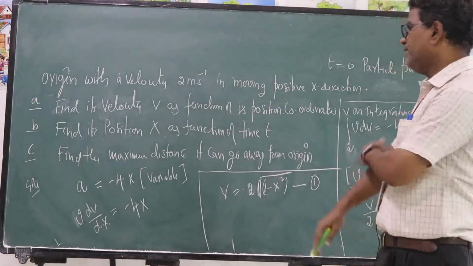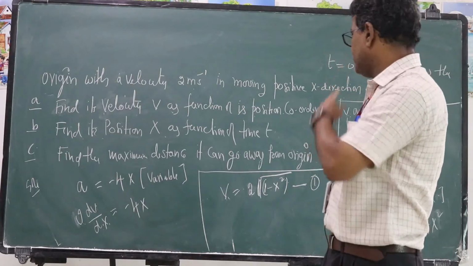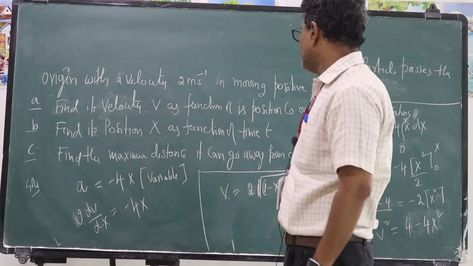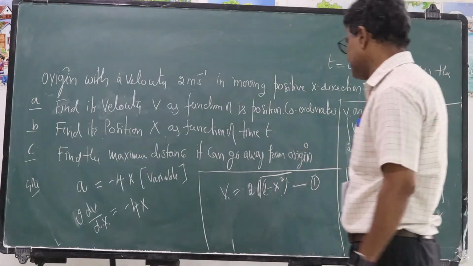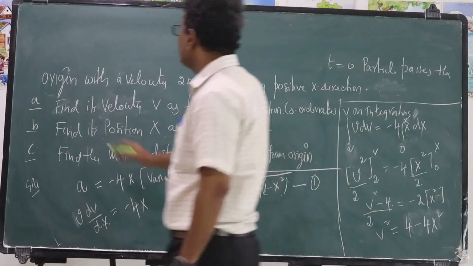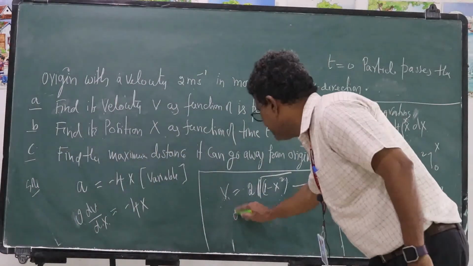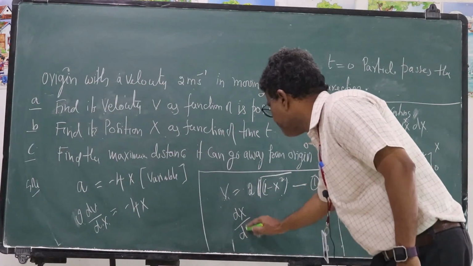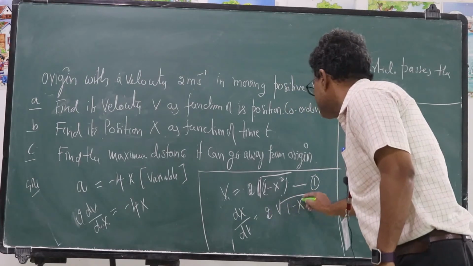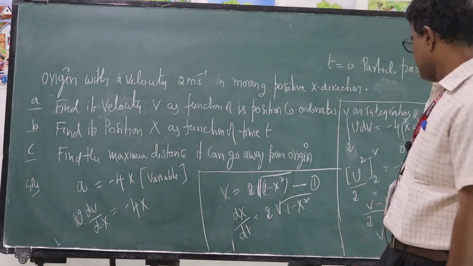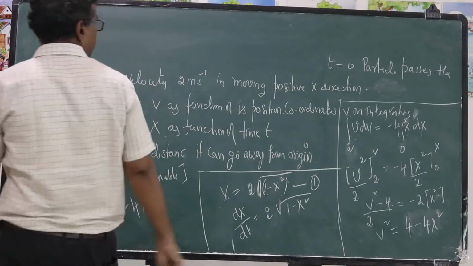For the second one, we have velocity and we want its position as a function of t. So v can be written as dx by dt, equal to 2 into square root of 1 minus x square.